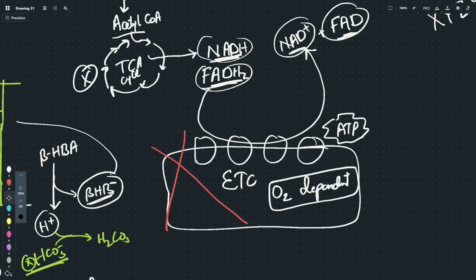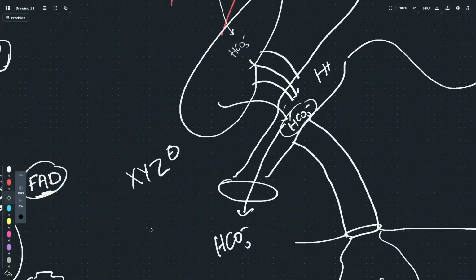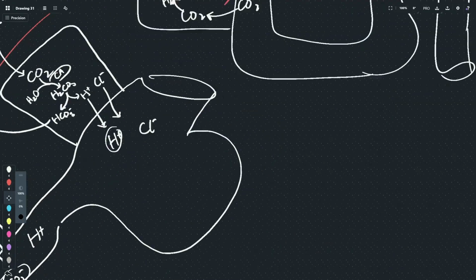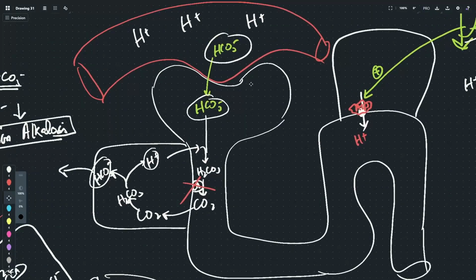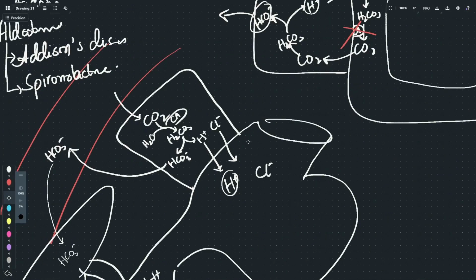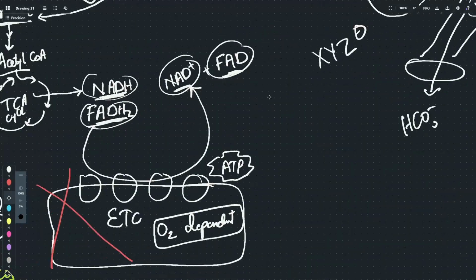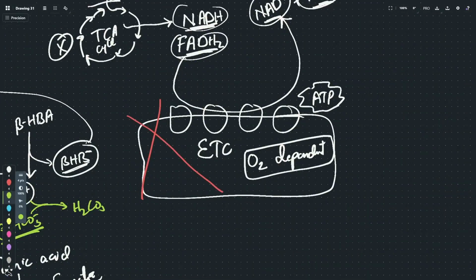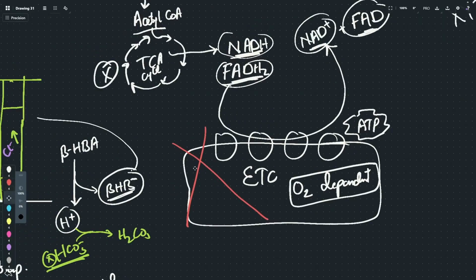Our kidneys are there and our GIT is there. If more and more bicarbonate is lost, the GIT can increase the reabsorption of more and more chloride, or the kidneys can also increase the reabsorption of chloride, or our cells can release more chloride. But the mechanism is not important.